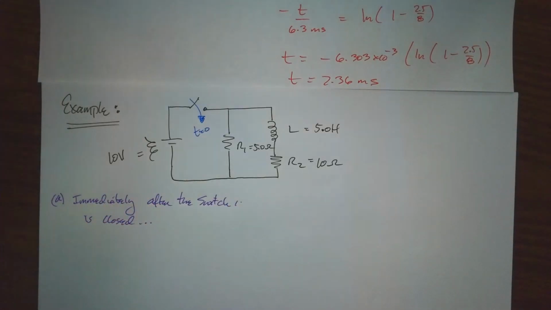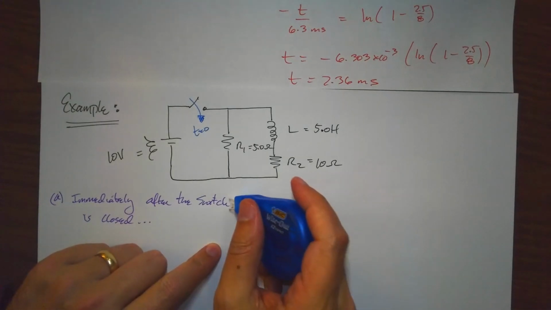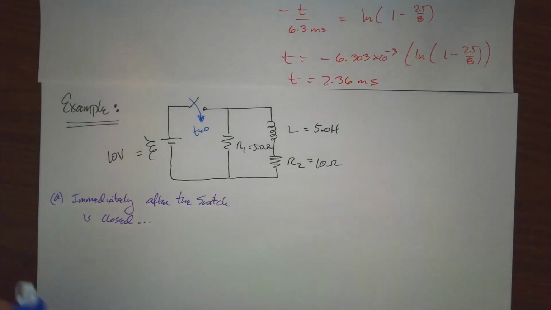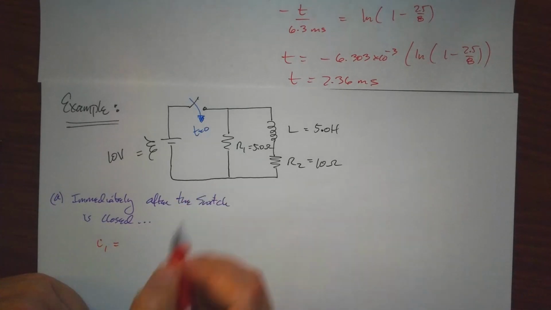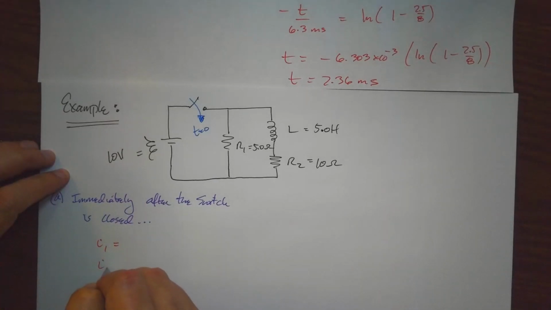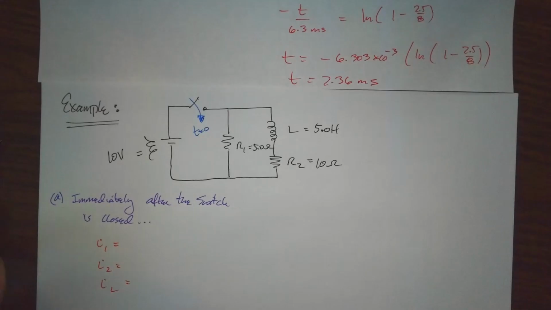Immediately after the switch is closed, we're going to calculate these various values. We want the current through resistor 1, the current through resistor 2, the current through the inductor, and then the voltage across resistor 1, the voltage across resistor 2, and the voltage across the inductor.